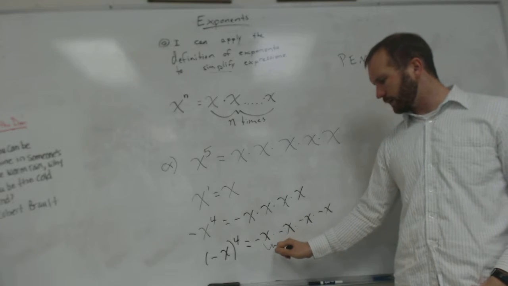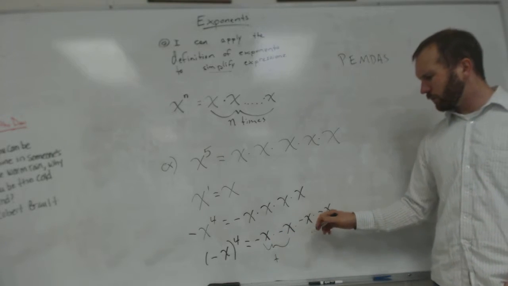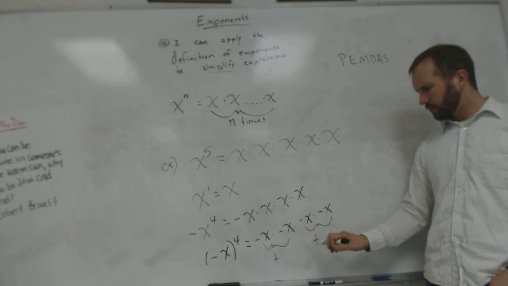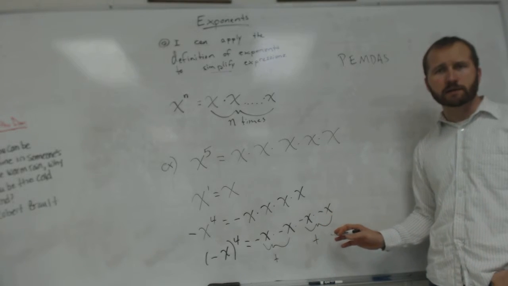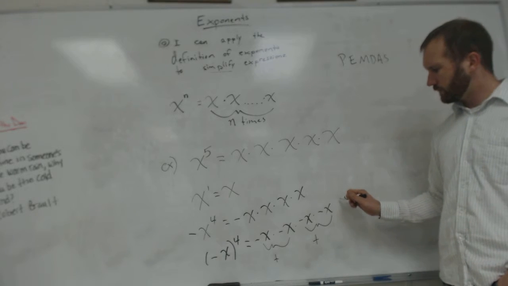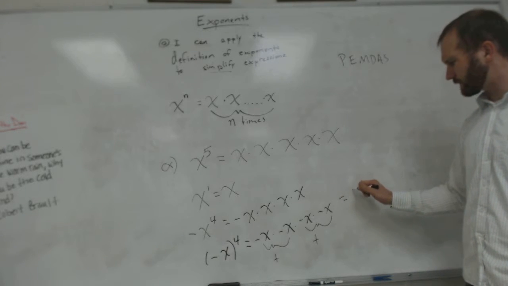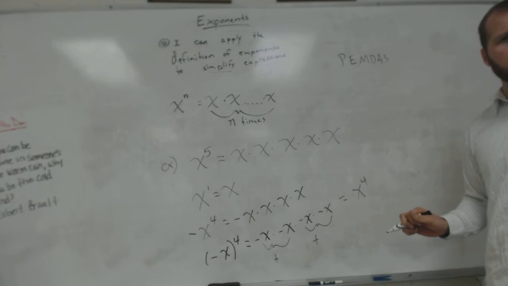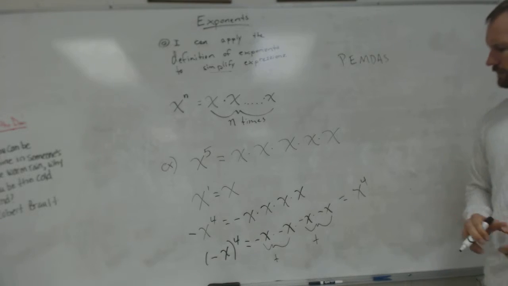Yeah, that's going to be a positive. What do we get over here when we multiply a negative times a negative? Positive. So we just have a bunch of positives in the end. So negative x to the fourth is the same thing as x to the fourth. Huh. It's kind of interesting.